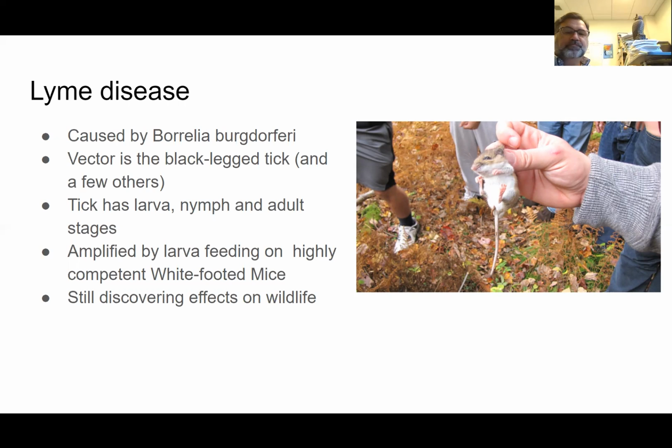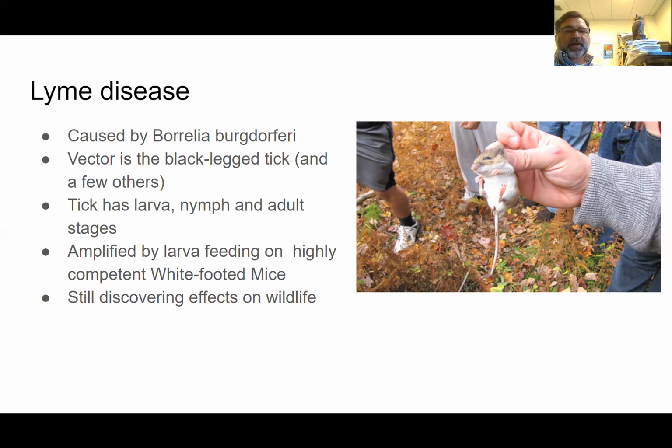The vector is a black-legged tick. There are a large number of ticks in the U.S., and a number of them are competent, but the black-legged tick is highly competent. So it gets in the tick and reproduces, and this tick is able to pass it on.